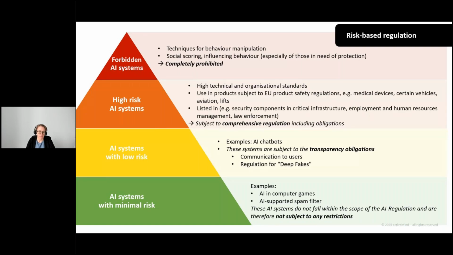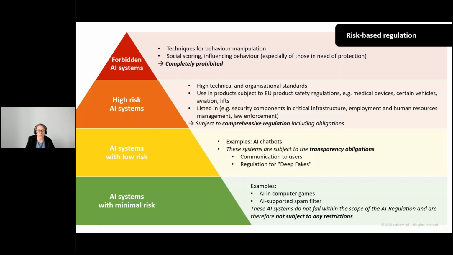Then there are some systems that are categorized as having low risk. This could be, for example, AI chatbots. If you implement an AI chatbot, you actually only have to deal with transparency obligations. You need to communicate to users what kind of system is used, how it is used, what data is used, etc. And then there are AI systems with minimal risk, and this could be AI in computer games or an AI-supported spam filter.